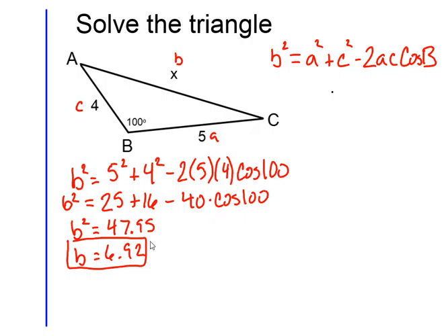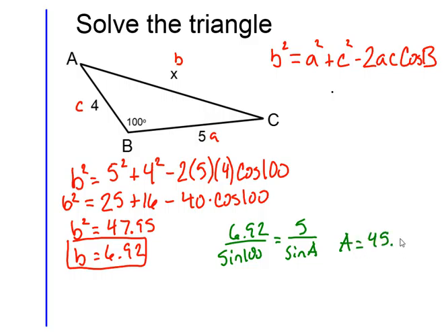So let's use our side B, 6.92, over our sine of B, which is sine of 100. And that's going to be equal to, let's find angle A first, so let's put 5 over the sine of angle A. If you work this out correctly, you would get 45.4 degrees.